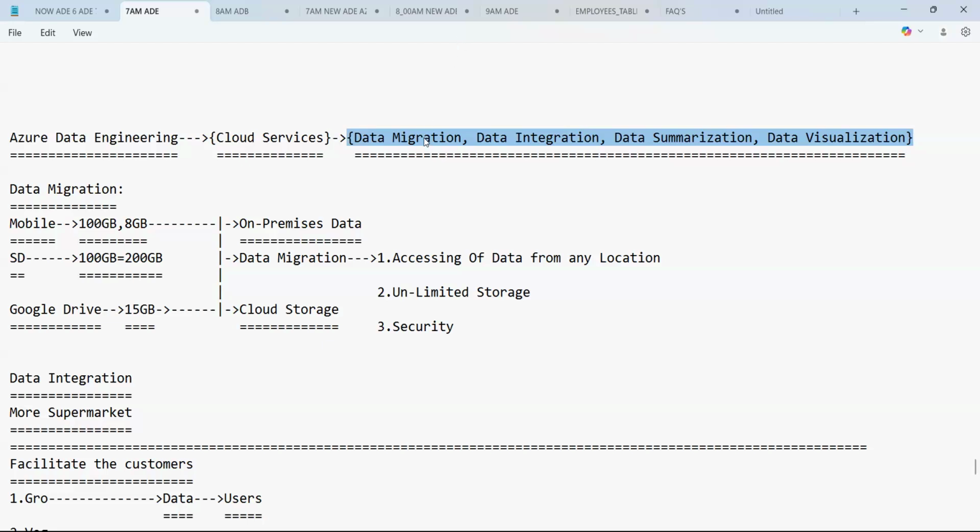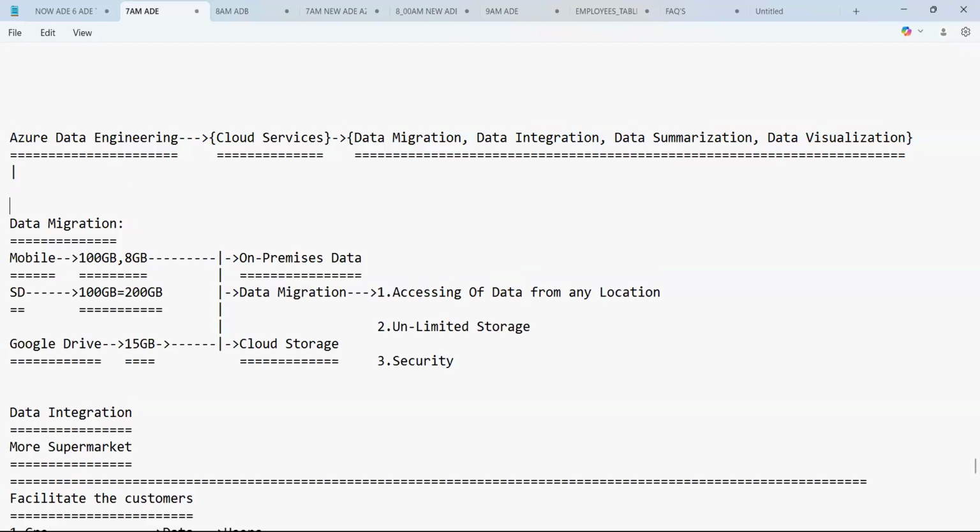Data engineering activities. And this process we perform by using the cloud service called Azure. To perform these operations, Azure data engineering provides the following services. We don't call them products, guys. We call them services.